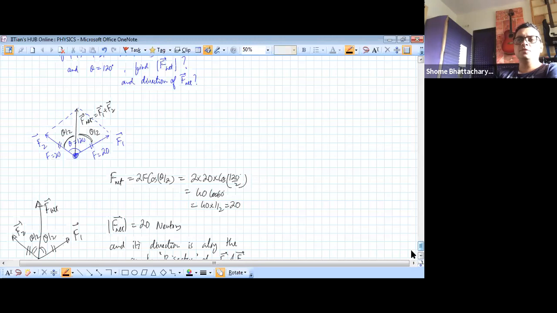You can write the xy plane, but the interesting thing about this theorem is that you don't need to break it into components. You can just apply this directly whenever you are dealing with the sum of two vectors of same magnitude.